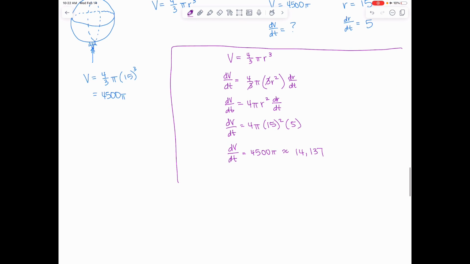And so the volume of the balloon is increasing by about 14,137 cubic inches per minute.